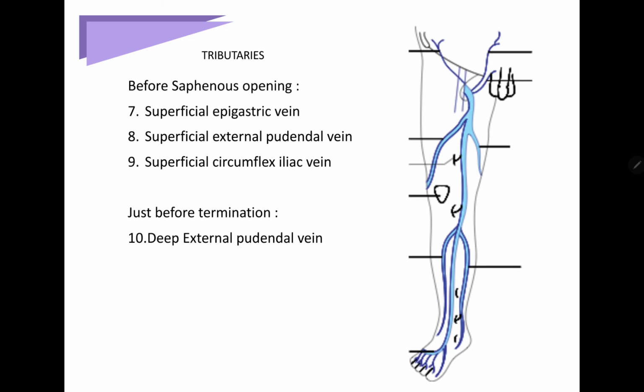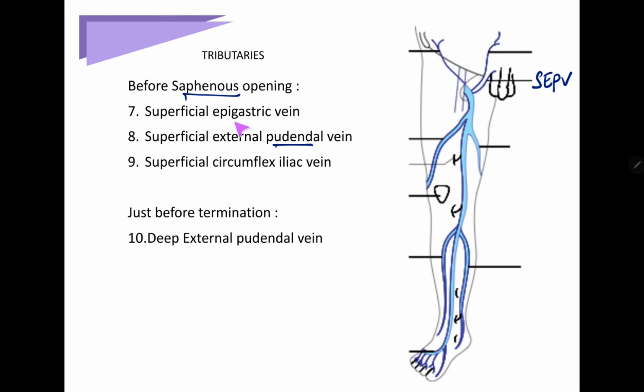And now we'll discuss a few more small tributaries draining into the saphenous just before it passes through the saphenous opening. So we can see here 3 tributaries, 1, 2, 3. This small vein, you can see, drains the external genitalia. That's why it has been named pudendal. So this branch is nothing but the superficial external pudendal vein, because it's superficially located and it drains the external genitalia.